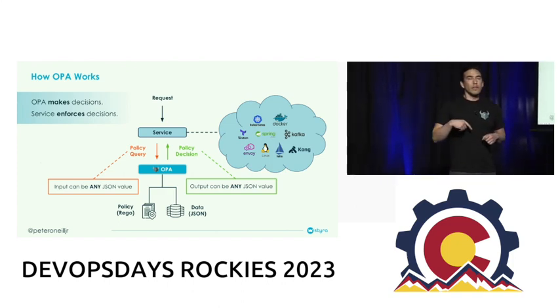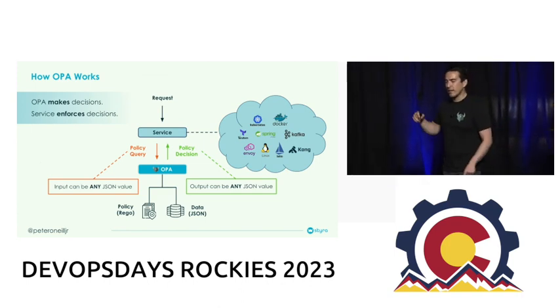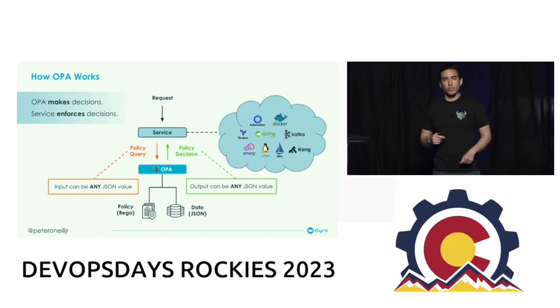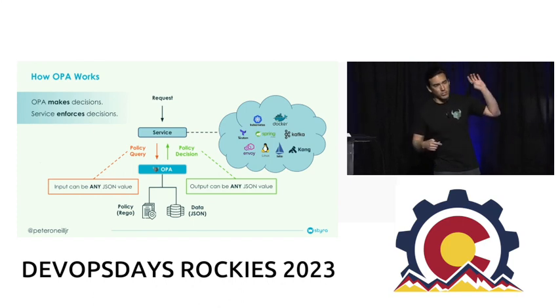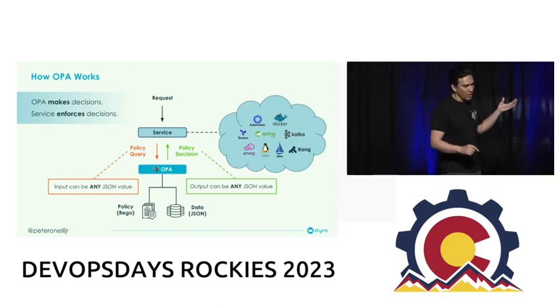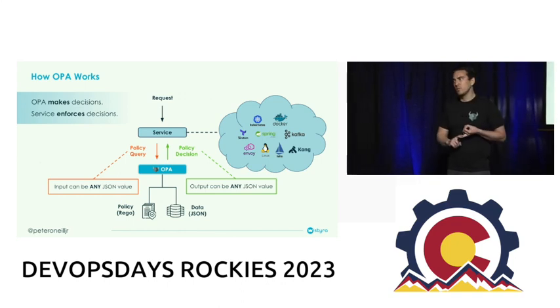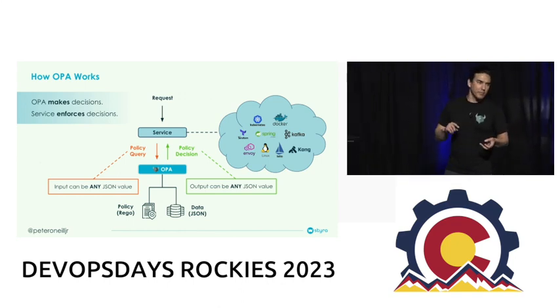So if it's Terraform, very simply, you're going to take that Terraform plan, convert the plan into a JSON blob, and feed it to OPA, and essentially you're going to ask it, does this plan look good? Like, are these resources within spec? Are you going to force me to add something to this? Is it missing rules, labels, annotations?